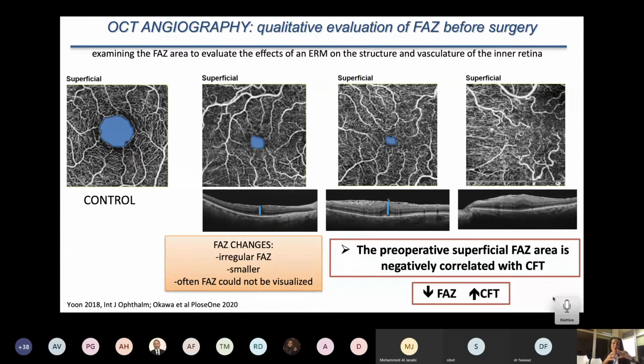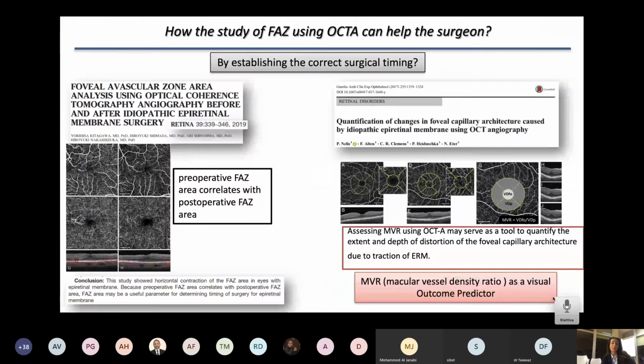In the case of epiretinal macular membrane, we can see many phase changes. The phase is more irregular, is smaller, and often it could not be visualized. The results for the phase analysis are different between studies, but most of papers show that the phase is smaller and the central foveal thickness is thicker in the eyes with epiretinal macular membrane, and that this difference was still present after surgery.